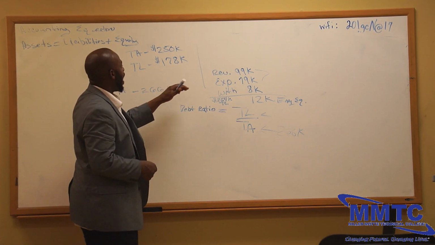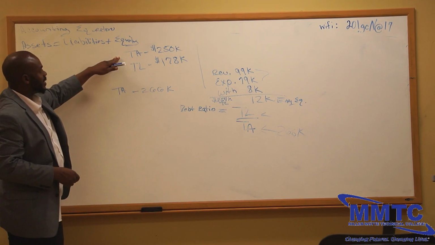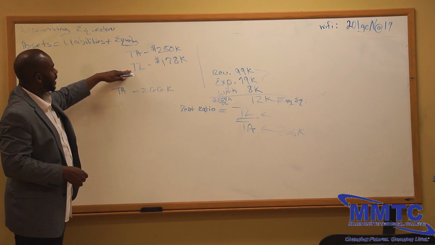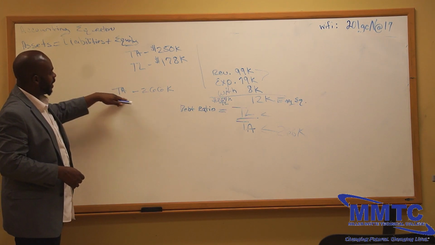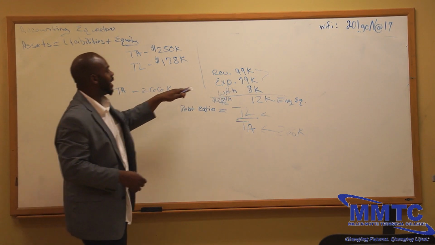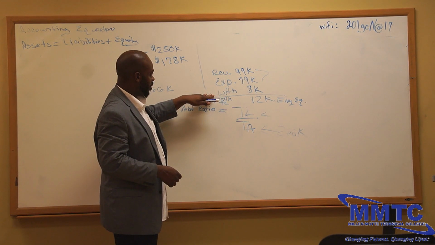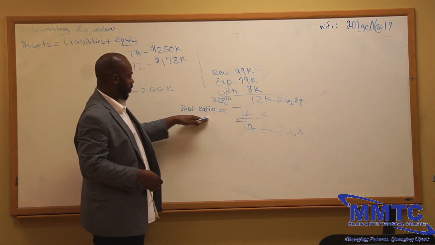No problem. First thing they gave us was total assets at the beginning of the year, total liabilities for the beginning of the year, and total assets for the ending of the year. And then they gave us revenues, expenses, and withdrawals. What we're looking for is the debt ratio. That's what the question asks us.